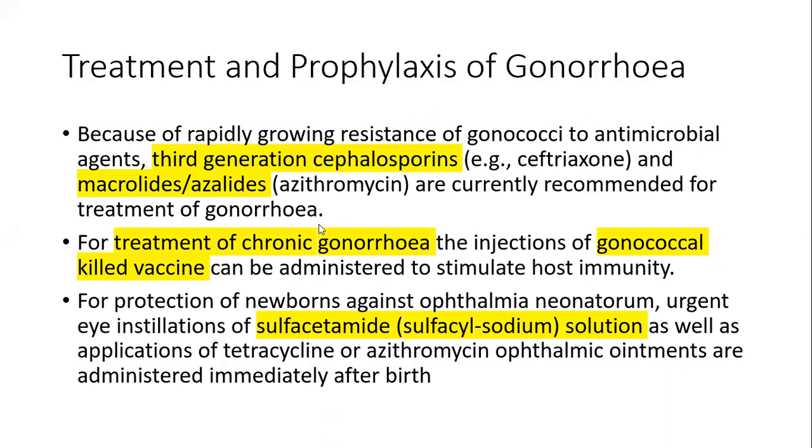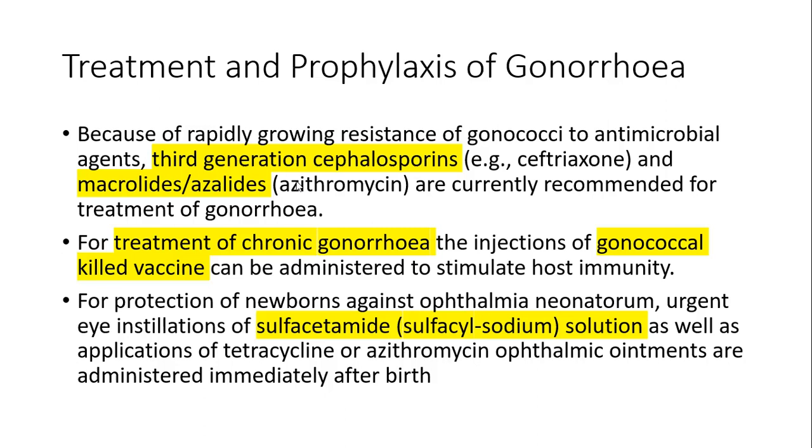For treatment of chronic gonorrhea, an injection of gonococcal killed vaccine can be administered to stimulate host immunity, because you know that gonococci invade the macrophage and cause incomplete phagocytosis.